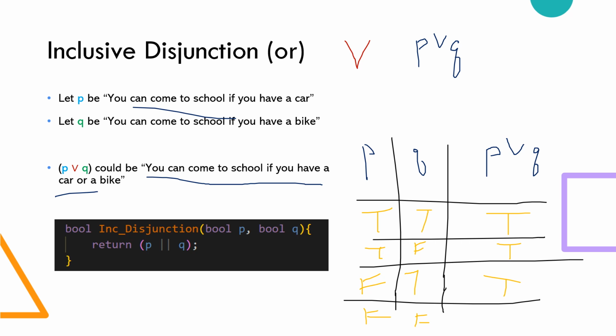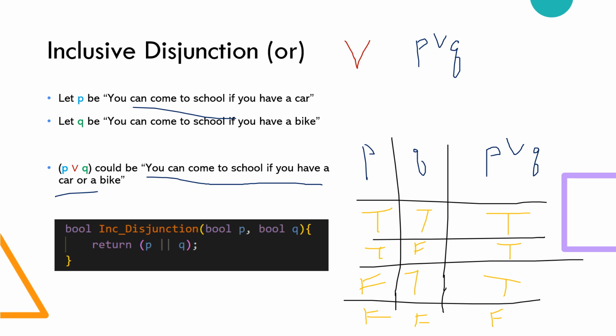But let's say you don't have either a car or a bike. So you can't come to school, unfortunately. It's too far to walk, and the school district doesn't have a bus for some reason. So in this scenario, you cannot come to school. So this would be false.